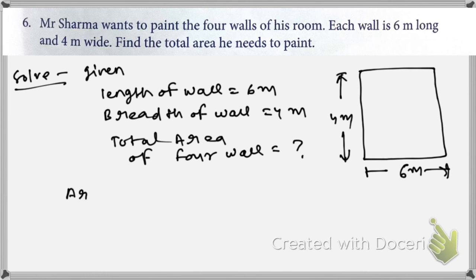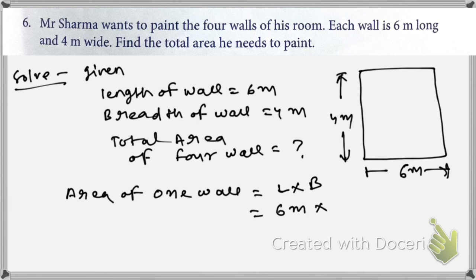So area of one wall will be length into breadth. Length is 6 meter and breadth is 4 meter, so it will be 24 meter square.